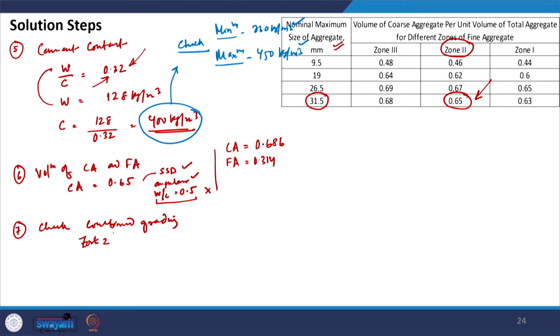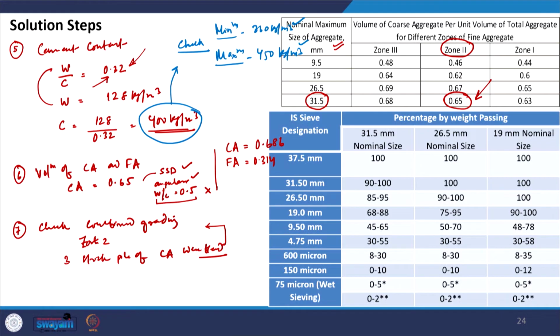In the problem they actually blended 3 stockpiles of coarse aggregate, I forgot to mention this, to achieve the coarse aggregate gradation criteria, and in this step we have to ensure that the combination of this coarse aggregate and fine aggregate falls under the required combined gradation.